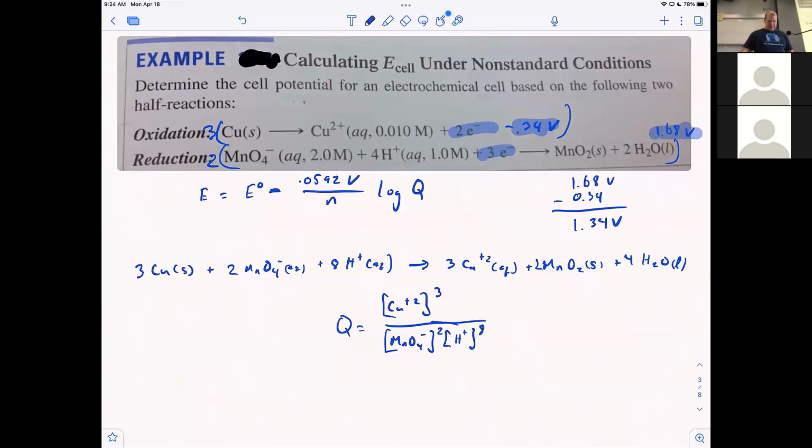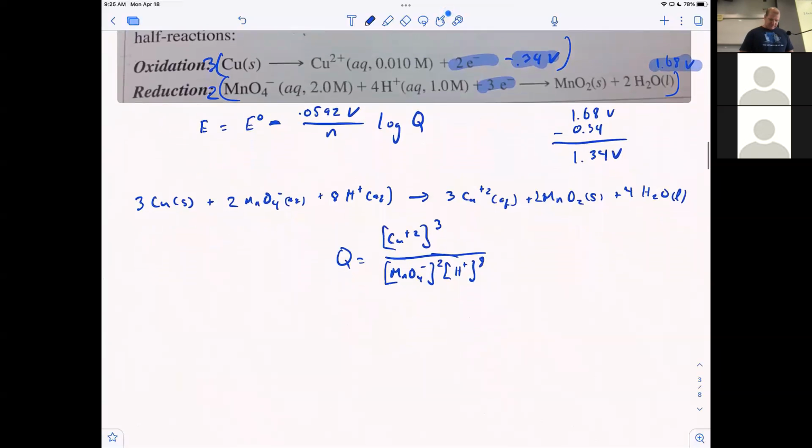You do not include the solid copper in the denominator, and you do not include the solid manganese oxide or liquid water in the numerator. You only include the things that are aqueous. So that is your Q.